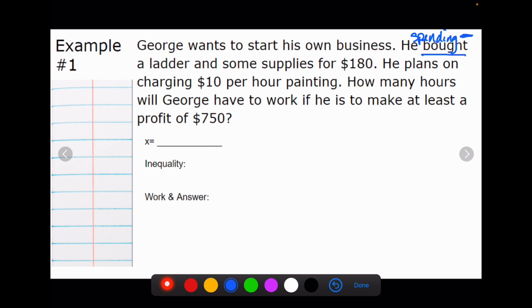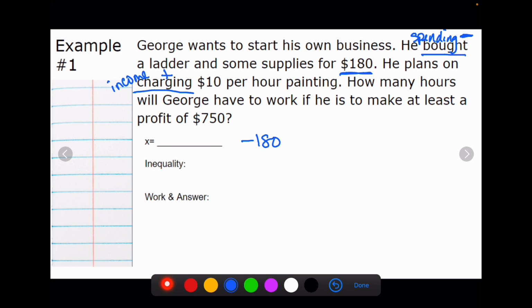So he is buying $180 worth of supplies. So we're going to write that down as a negative 180, okay? He plans on charging, so that's money coming in. That's income. We need to write that down. So income. And we're going to put a plus sign, because that is a positive change.